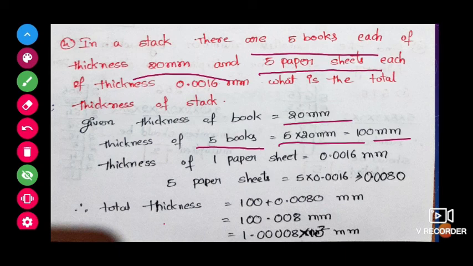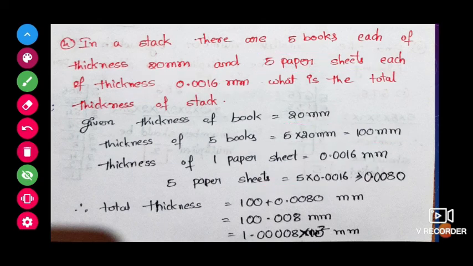Next, the paper sheets. 5 paper sheets are there. Each paper sheet is 0.016 mm. So if one paper sheet is 0.016 mm, then 5 paper sheets will be 5 into 0.016. Now, the total thickness will be 100 mm plus the thickness of the sheets.